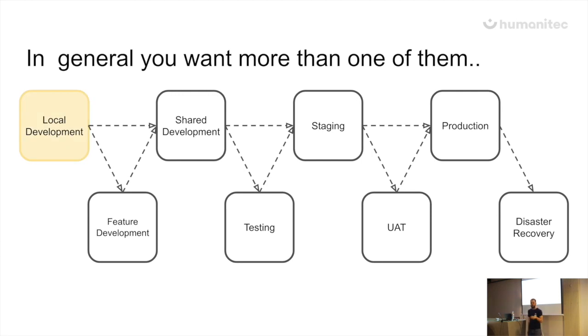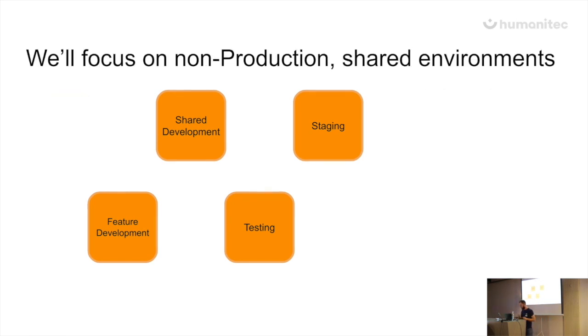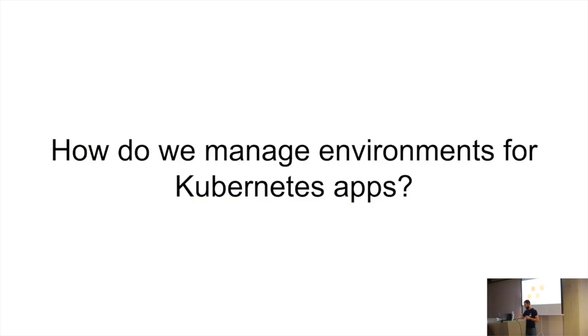So local developments are non-shared environments or private environments. We then move through shared development environments, these 4, and lastly we end up with our production environments. For the purposes of this talk, we're going to worry about the orange ones, our shared development environments. So we're going to say, how do you actually manage this with Kubernetes clusters?